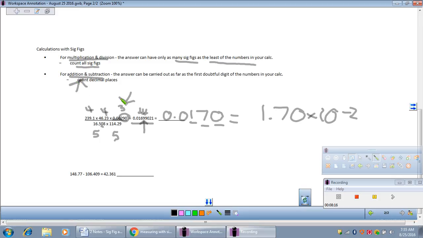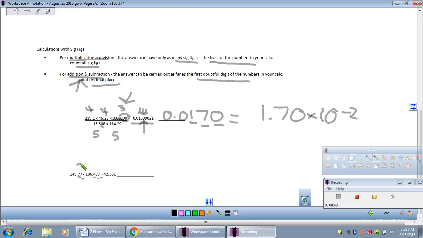If you are doing addition and subtraction, you can only carry out the answer as far as the first doubtful digit. So basically, count the decimals. It is not how many significant figures are present, it's how many decimal places there are. Okay? So you want to go to the least amount of decimal places.